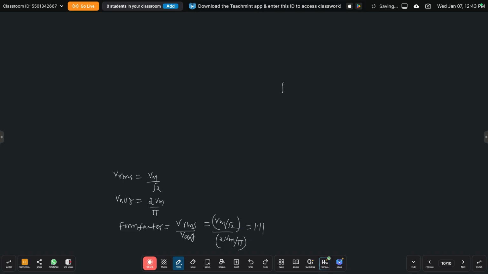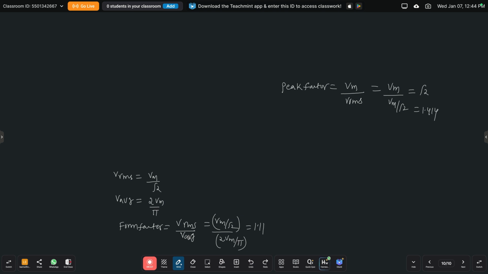Similarly, the peak factor is defined as the ratio of the peak value or the maximum value of the voltage divided by the RMS value of the voltage. So now what is the RMS value we got? Vm divided by the RMS value, Vm by root 2, is equal to root 2, which is equal to 1.414.